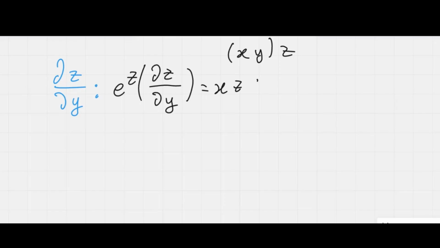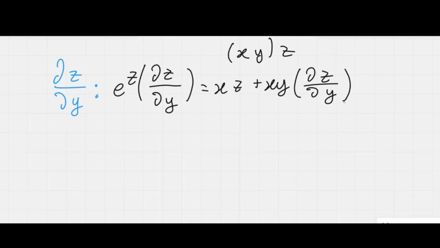So we have xz added to, because this is product rule, the derivative of z. Now the derivative of z, yet again, is just going to be 1. However, it's a non-constant term, so we're multiplying that by the partial derivative of z with respect to y, and so we're left with xy multiplied by the partial derivative of z with respect to y.